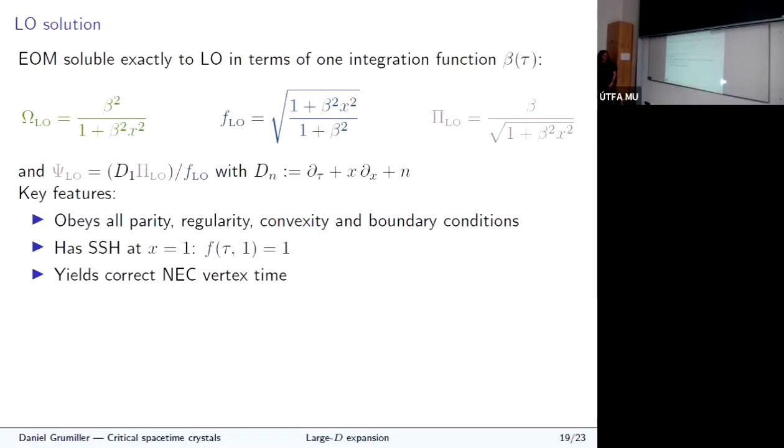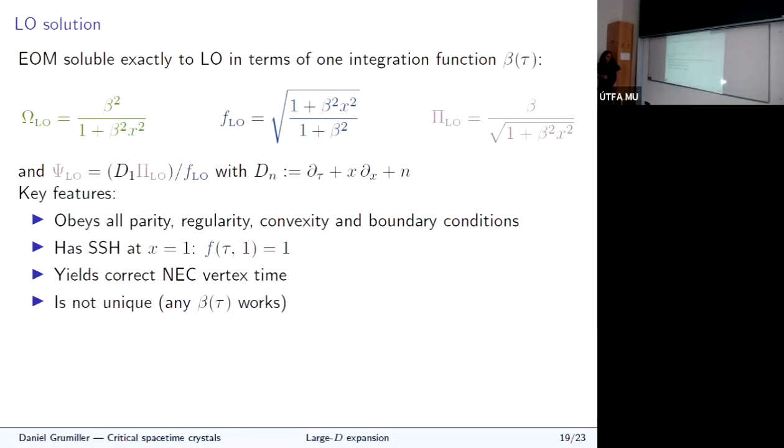It also yields the correct neck vertex line, by which I mean, if you look at x equal to 0 and check where's the maximum of f, then you find it's located at sine of beta. And this sine of beta coincides with the sine of pi, which is exactly then the vertex where the two necklines meet. So that's a non-trivial cross check that this matches at least some features of finite D critical spacetime crystals.